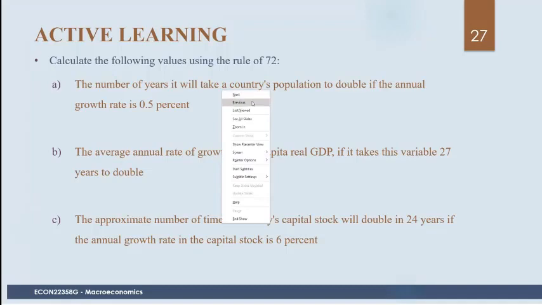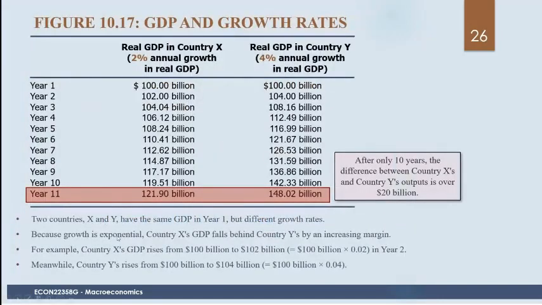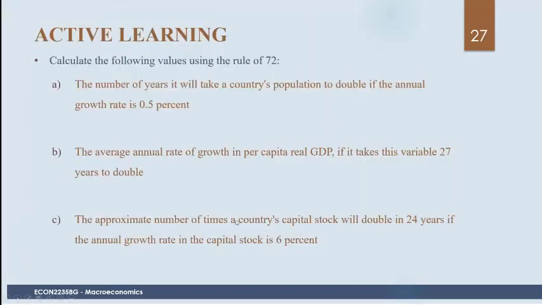This here is just an example of that. If this economy is growing at 2% and this one at 4%, that's only an 11 year difference, but it is a big difference between their real GDP. If we did this for real GDP per capita, we would find a similar thing. And if we looked at how long it would take this to double and that to double, there would be quite a bit of a difference.